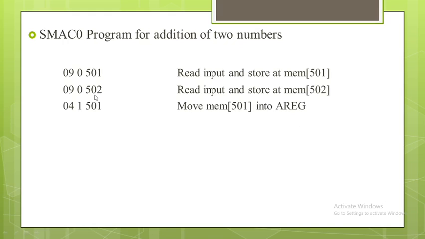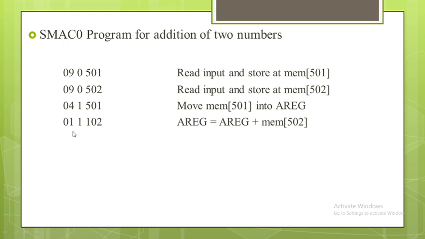The next instruction moves the content of address 501 into the register, and this instruction's opcode is 04. 041501 will transfer the content of memory address 501 to register 1.